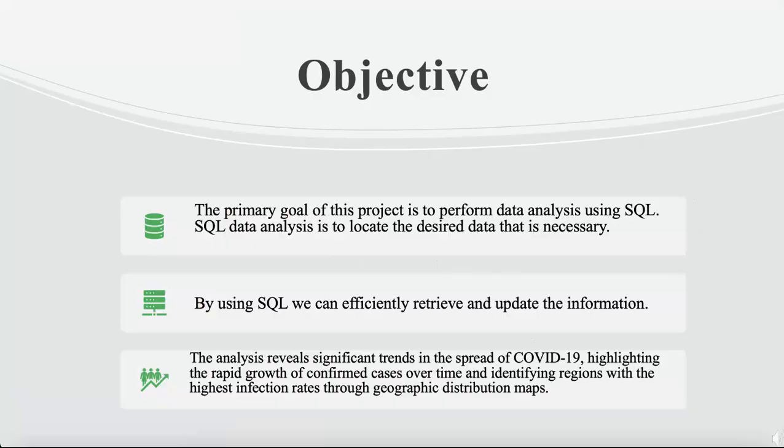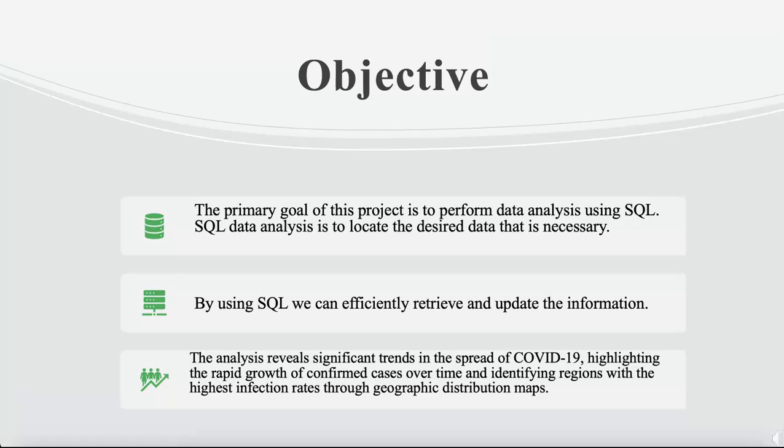Now let us see the objective. The primary goal of this project is to perform data analysis using SQL. SQL helps us to retrieve and update the information perfectly, and SQL data analysis is to locate the desired data that is necessary. That means we can get the data that we want from the whole data set.